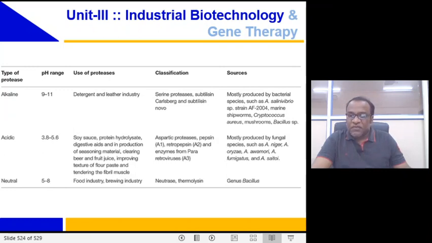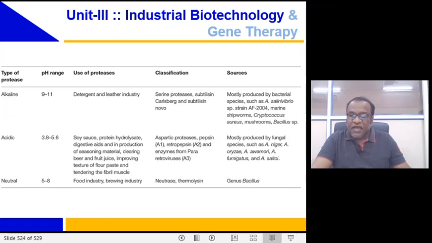Alkaline proteases, with a pH range between 9 to 11, find application in the detergent and leather industry, and are classified as serine proteases, subtilis Carlsberg and subtilis Novo. They are mostly produced by bacterial species, even marine shipworms, mushrooms, etc.